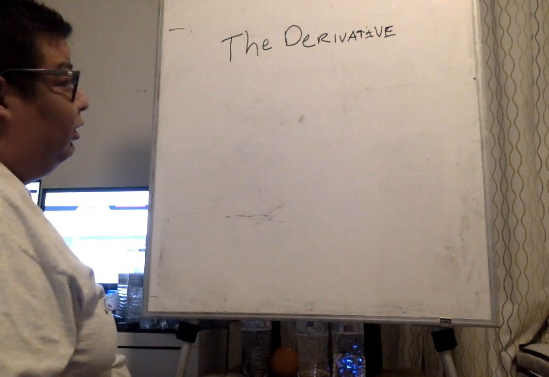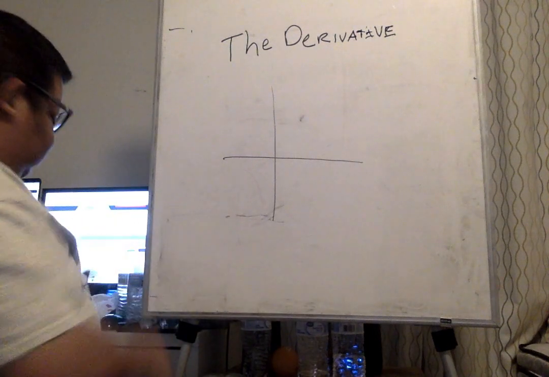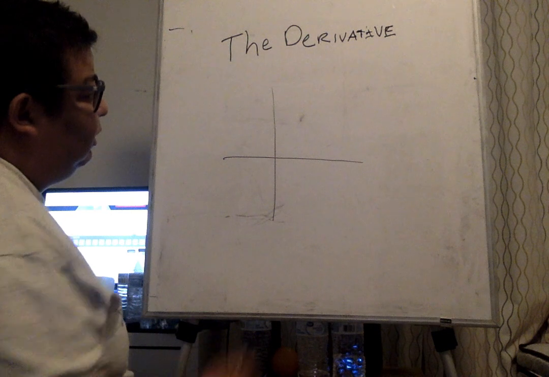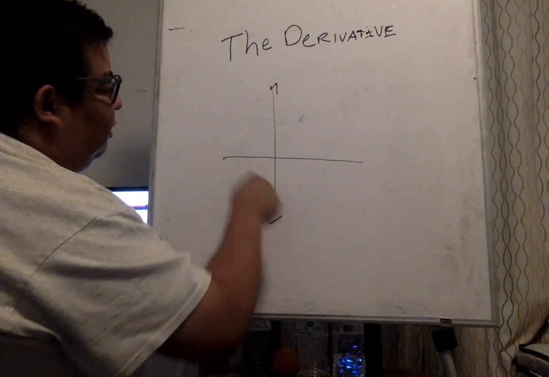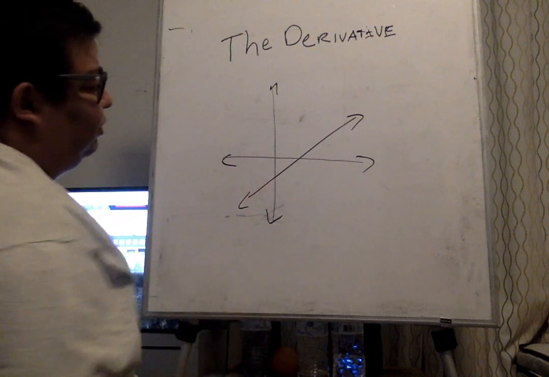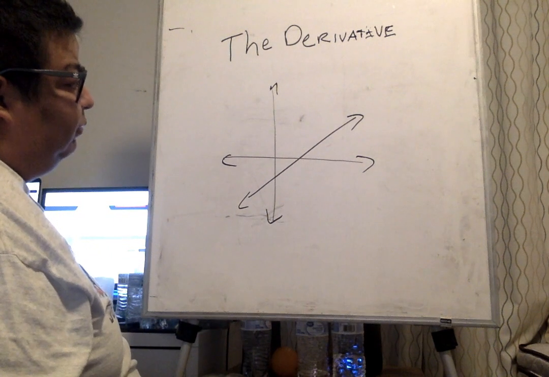So let's talk about a linear function. If you remember in algebra, we talk about linear equations, something that looks like this. It's just a straight line on a plane.